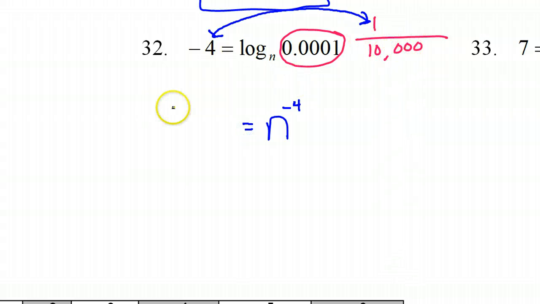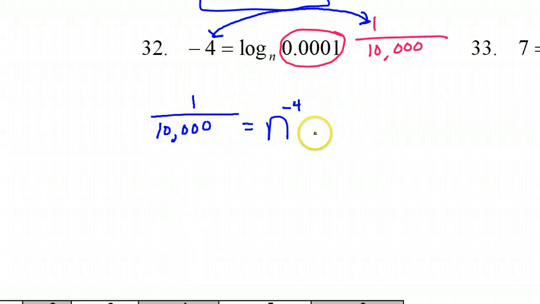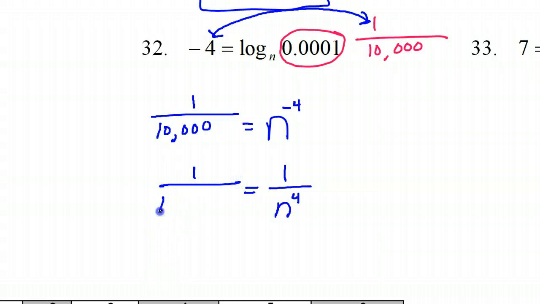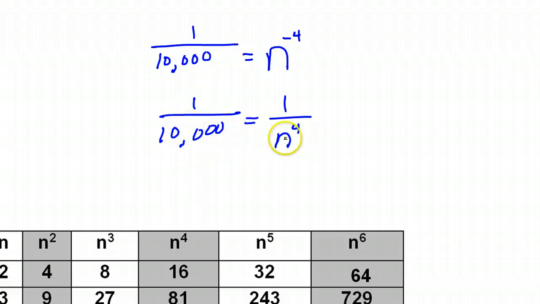This fraction is going to come over here and be 1 over 10,000. Now this is the same thing as 1 over n to the 4th power. And here I've got 1 over 10,000. Okay, that means these two denominators must be equal.